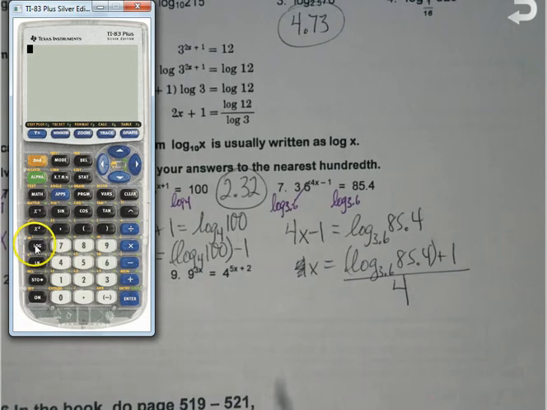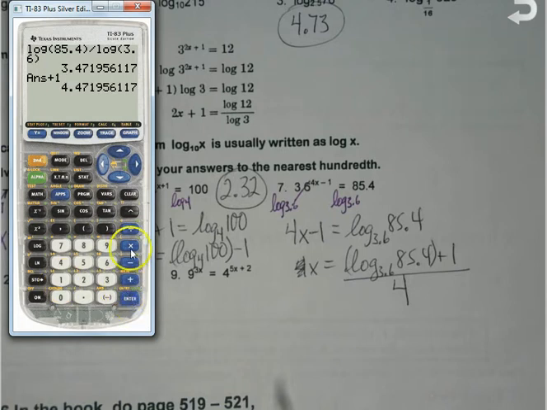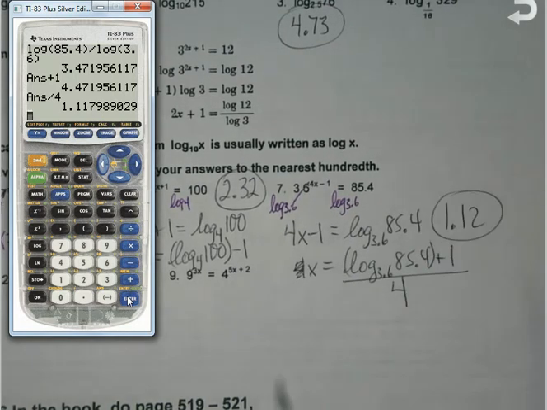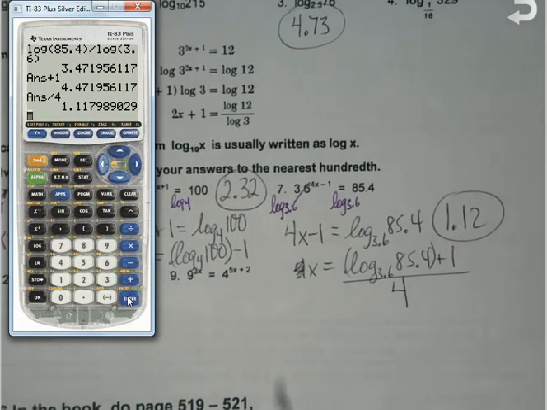What I'm going to do instead is do this piece by piece in the calculator so I don't get myself into that bind with a bunch of double parentheses. If I do the log first, then add the 1, then divide by 4, that's going to get me into a much happier place than trying to punch it all in at once and get some really funky answer, and I'm scratching my head trying to figure out where it came from.